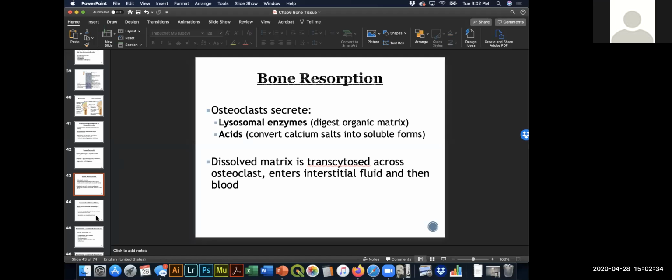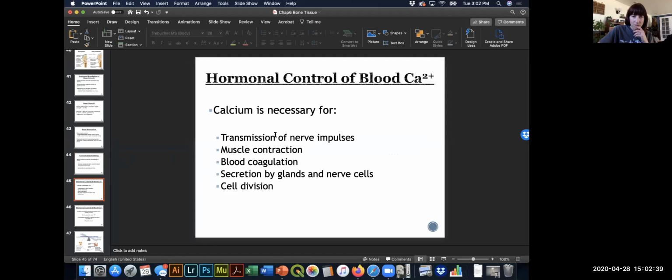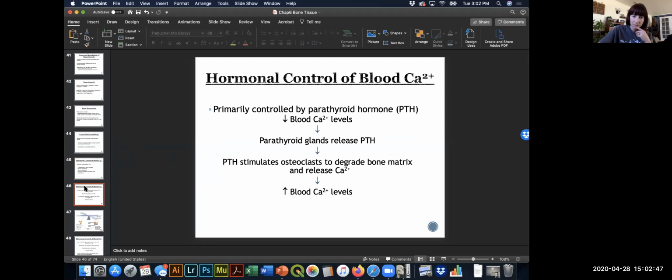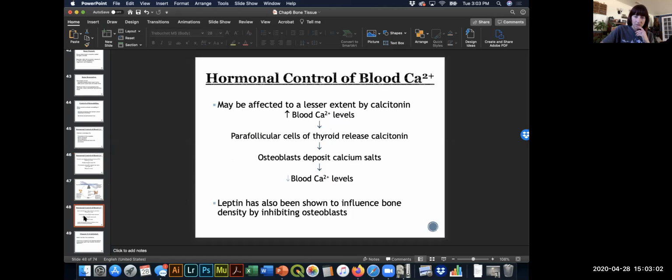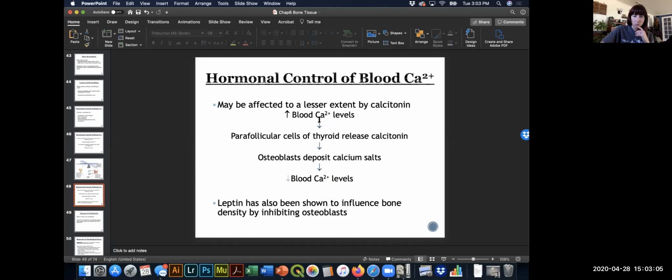Bone remodeling control is hormonal, mechanical, and I guess we're considering calcium as being part of the hormonal control, but that's fine. We can keep it separate. All of these hormones that are mentioned here, we didn't talk about, so you're not going to be asked about those. Just that the amount of calcium in your blood is going to affect whether you end up with osteoclasts working harder or osteoblasts working harder.